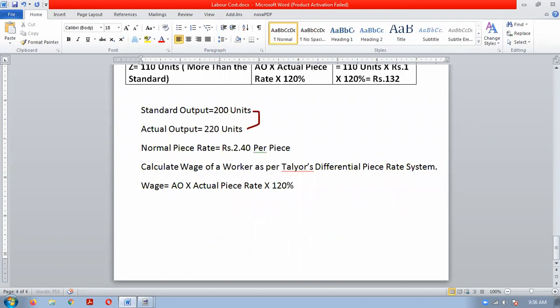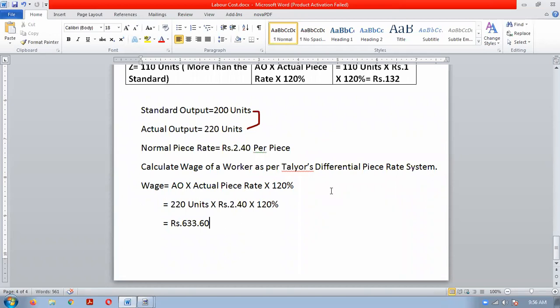So what will be the answer here? Actual output is 220 units. Piece rate is rupees 2.40 into 120%. So 220 into 2.40 into 120%. How much will be the wage of the worker? Rupees 633.60. Correct.